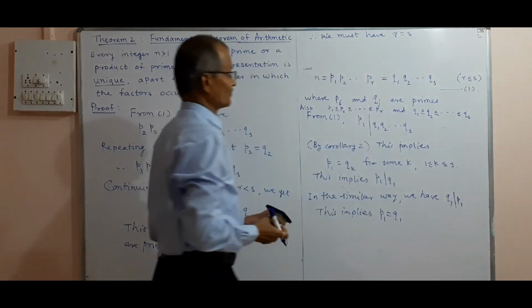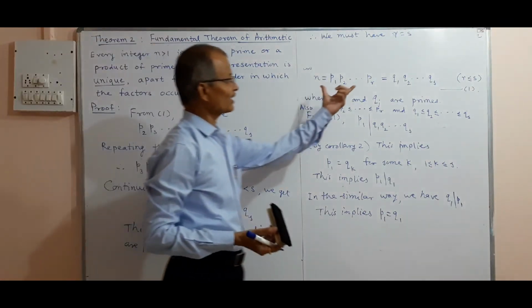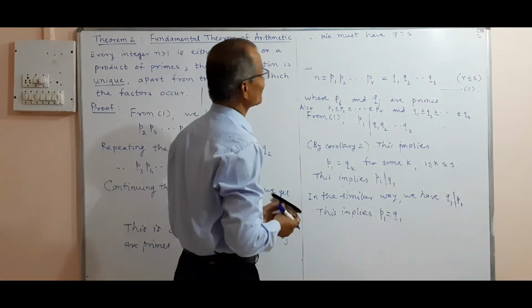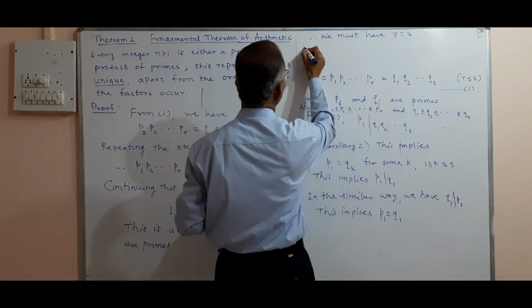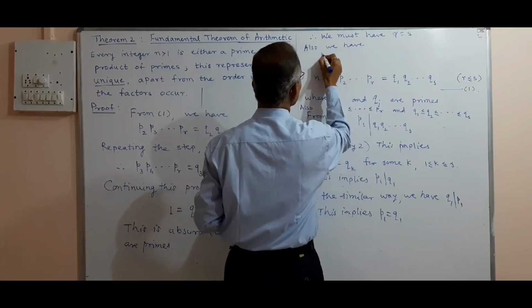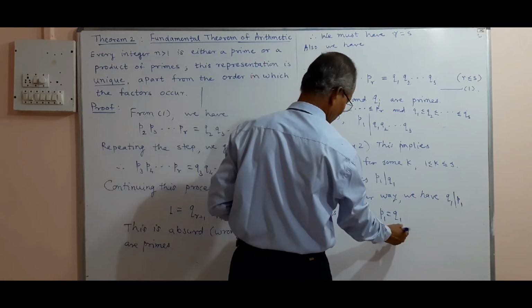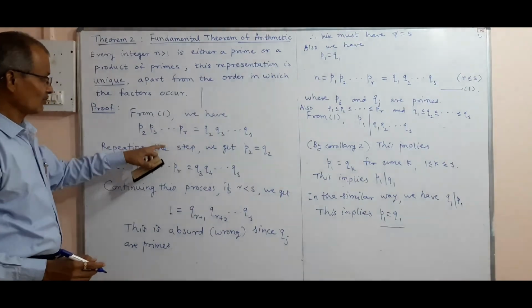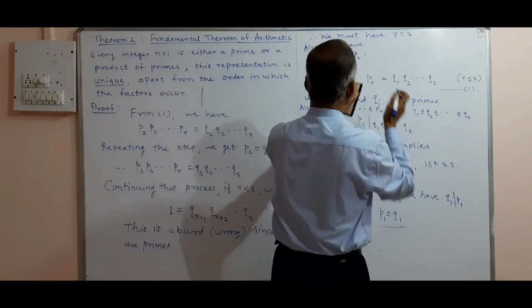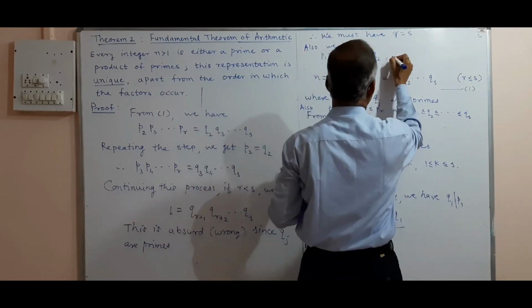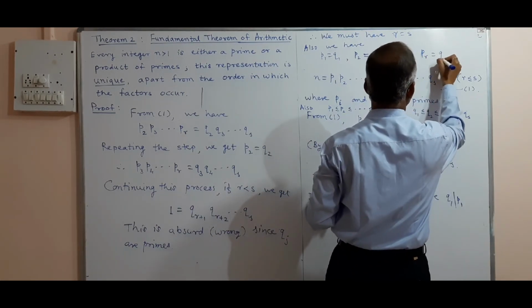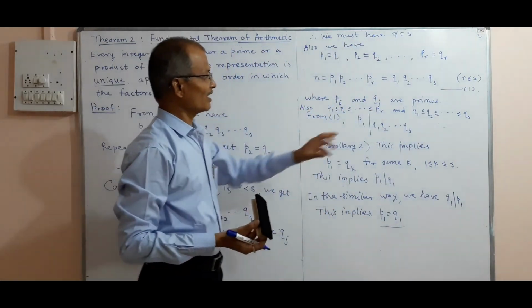And now you see, if R is equal to S, the number of factors on the left side is the same as the number of factors on the right side. And also we have P1 is equal to Q1, P2 is equal to Q2, and so on, and PR is equal to QR, and R and S are the same.